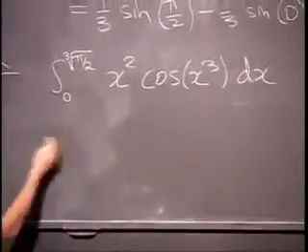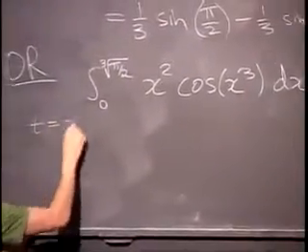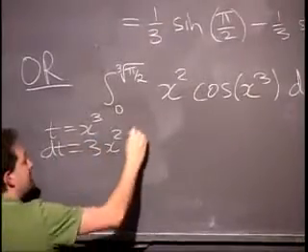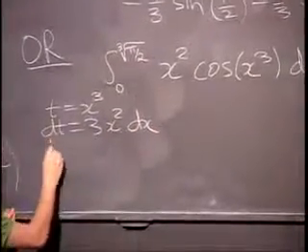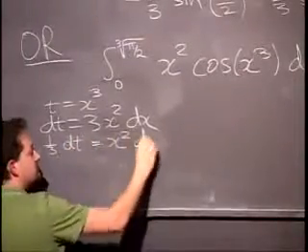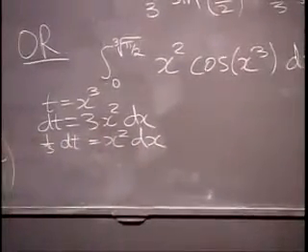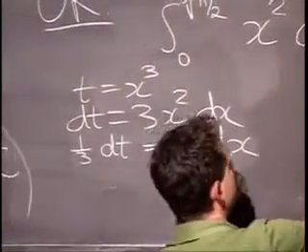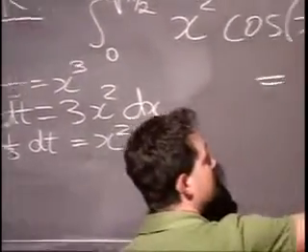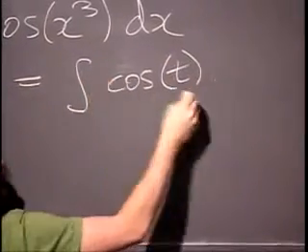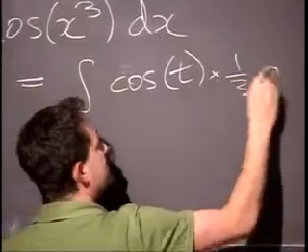T equals x cubed, dt is 3x squared dx, and as we found, we want to divide by 3. So this is nothing new. If we switch the integral to t land, you get cosine t times 1/3 dt.